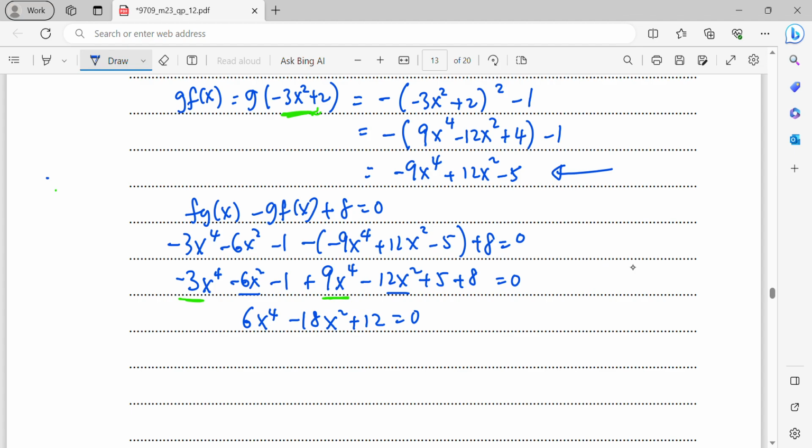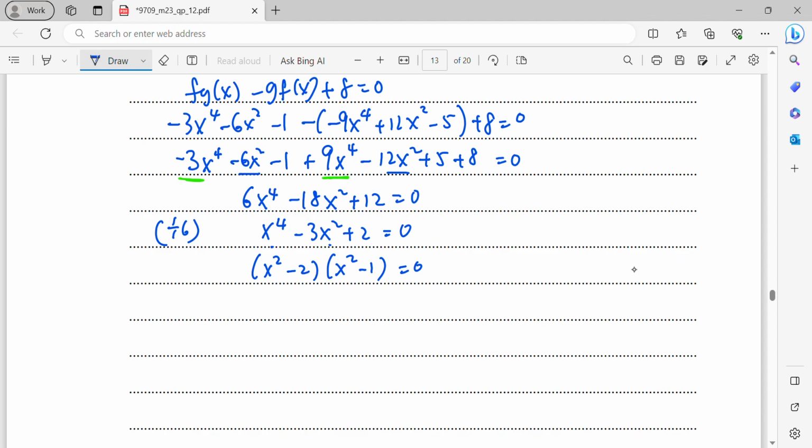So this whole equation can be divided by 6. Then you will get x degree 4 minus 3x squared plus 2 equals to 0. And now I will factorize this into 2 factors. Since you have x degree 4 and x squared, I will be getting x squared minus 2 and x squared minus 1 equals to 0.